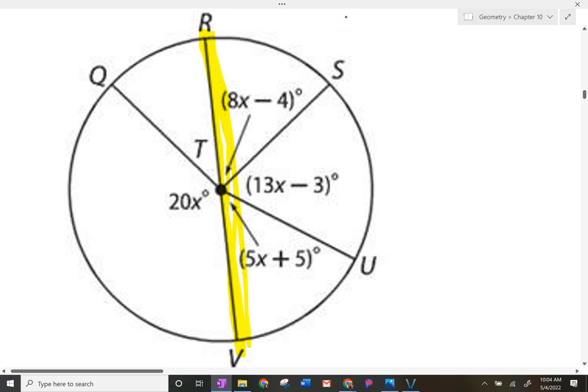If that's a diameter, that means it cut that circle perfectly in half. So if the circle got cut in half, how many degrees is this part that I highlighted yellow? Or how can we figure out how many degrees that whole entire thing is going to be?